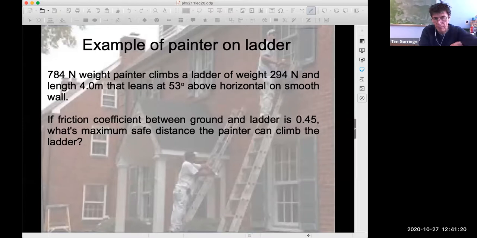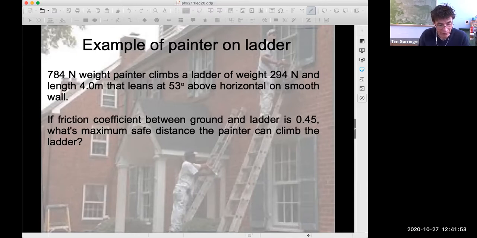Okay, to have a quantitative problem with some numbers, I've thought of this particular situation. We've got a 784 Newton painter who climbs a ladder of weight 295 Newtons. That has a length of 4 meters, and it's leaning against the wall at an angle of 53 degrees above the horizontal.